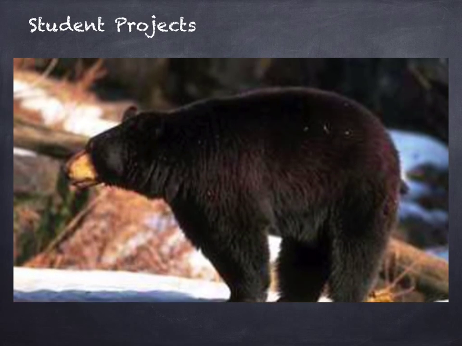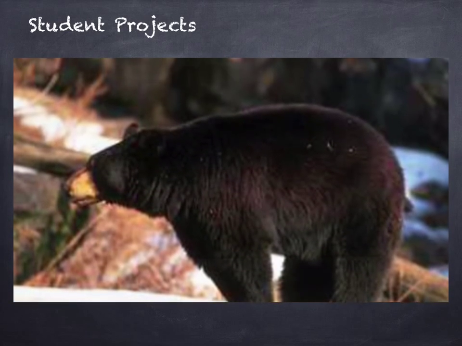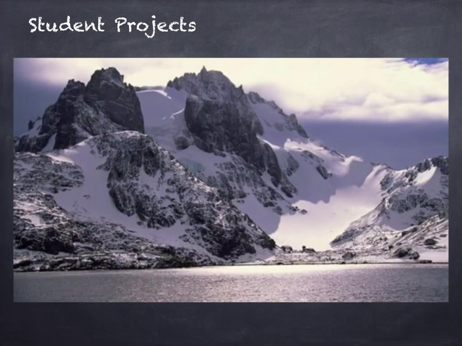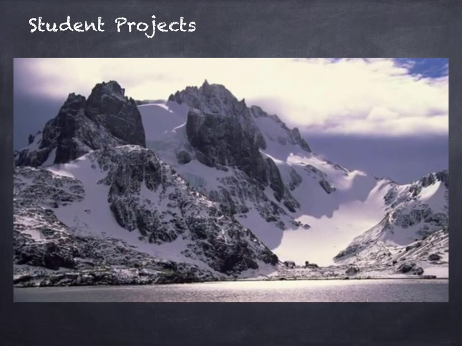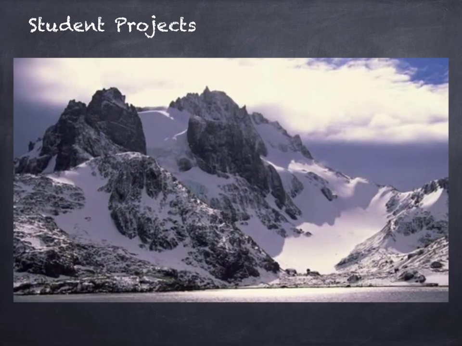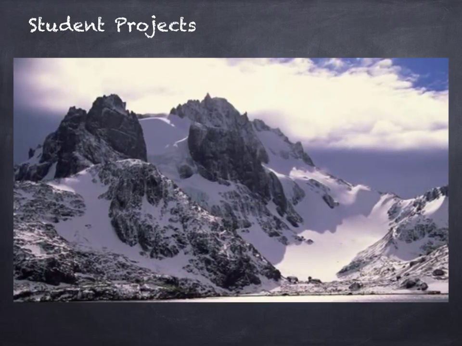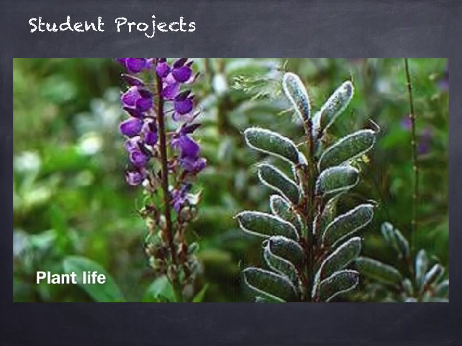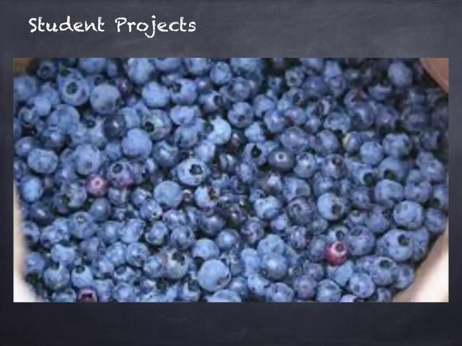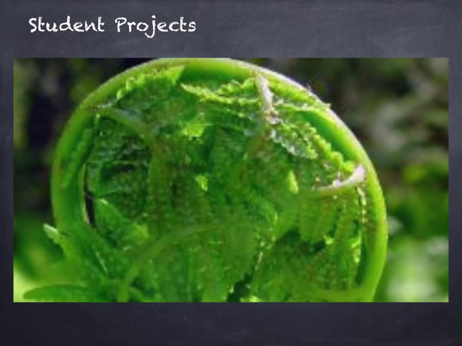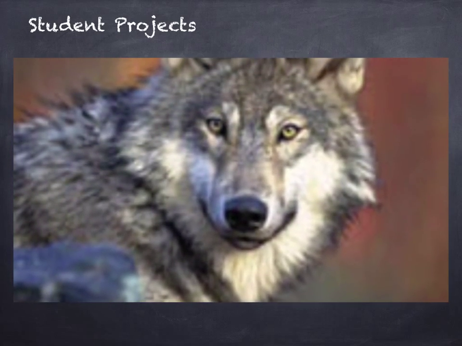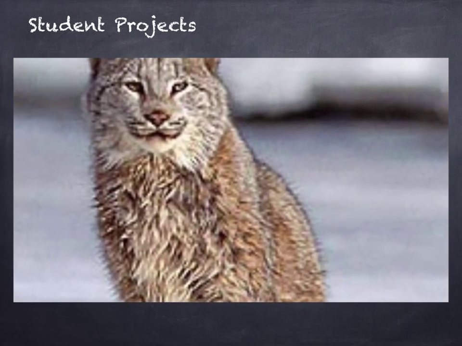Bears and wolves are top predators in this region. Water, rock, soil, snow, clouds, and sunlight are all abiotic factors of this region. These are some plants that grow in this region. These are some biotic factors of this region.